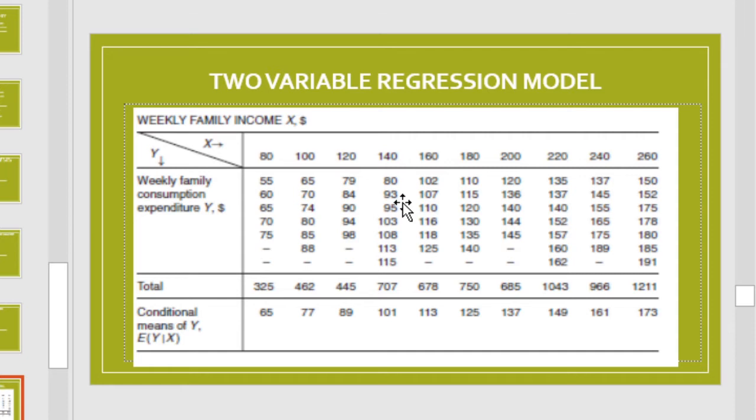And in the last class we also learned that regression analysis is concerned with estimating or predicting the population mean value of the dependent variable on the basis of known or fixed values of the explanatory variables.